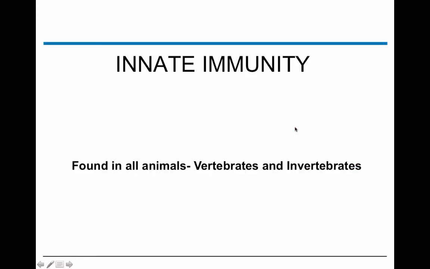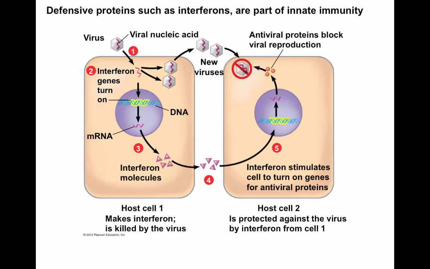All right, innate immunity. Here is an example of a defensive protein, an interferon. These are part of innate immunity. They can be made by virally infected cells. What you're looking at here is host cell number 1, and it is a neighbor to host cell number 2. Maybe they belong to the same tissue, for example.